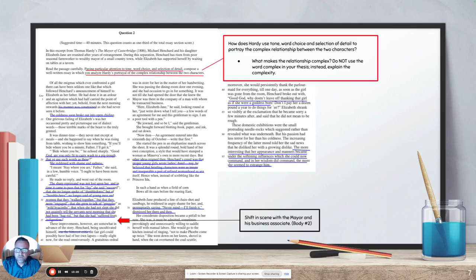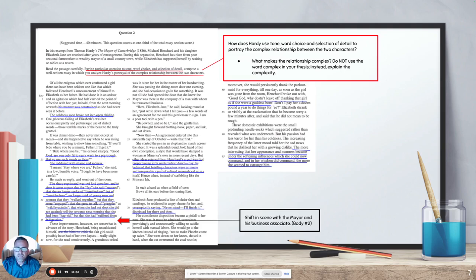"Now then, an agreement entered into this 16th day of October. Write that first." She started the pen in an elephantine march across the sheet. It was a splendid, round, bold hand of her own conception, a style that would have stamped a woman as Minerva's own in more recent days. But other ideas reigned then. Henchard's creed was that proper young girls wrote ladies' hand. Nay, he believed that bristling characters were as innate and inseparable a part of refined womanhood as sex itself.